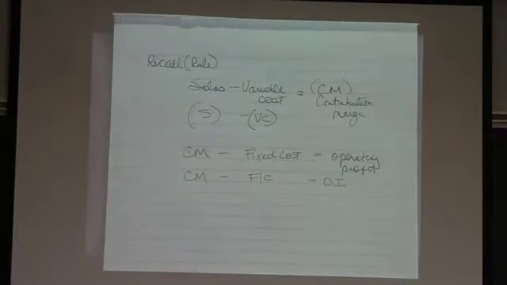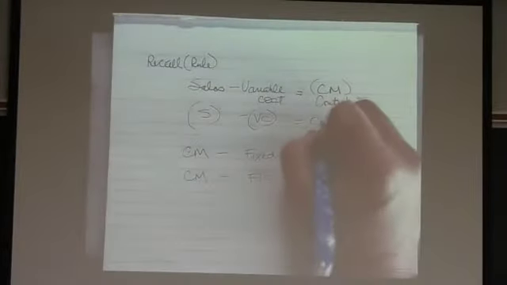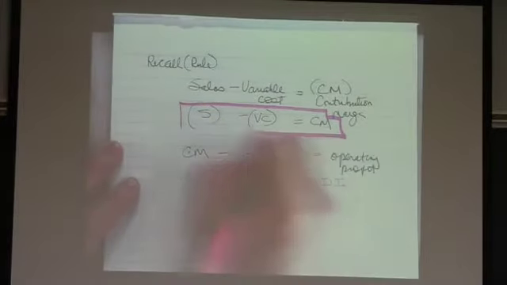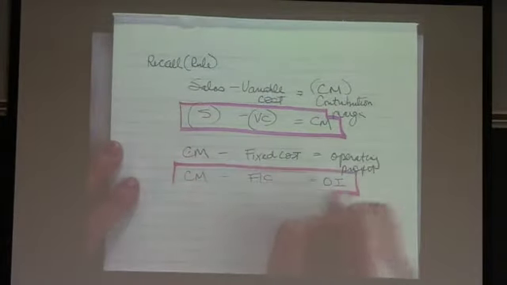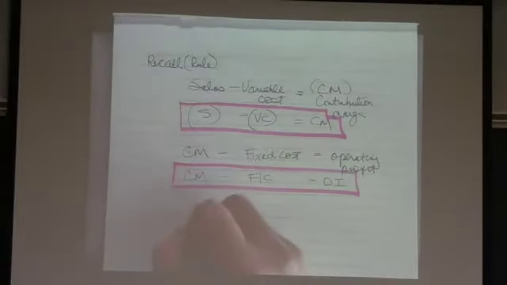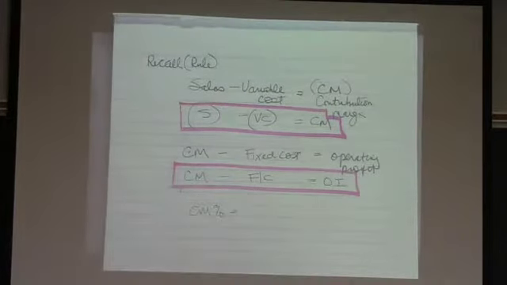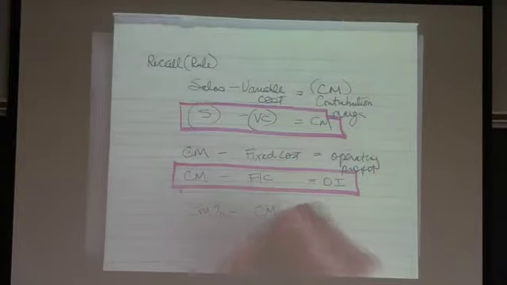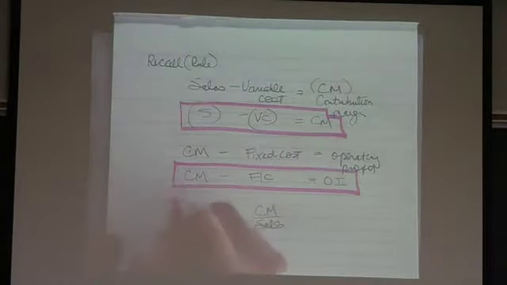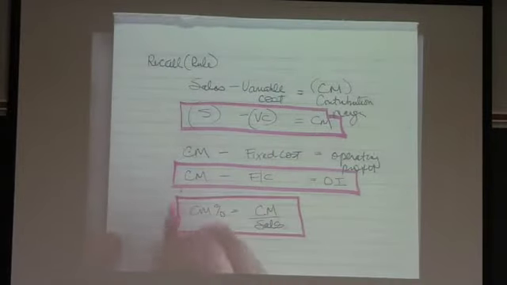That's the short form that we're going to use. So this is the formula we're going to use for this example. Now, it's important to also know that contribution margin percent is contribution margin over sales. That's also an important aspect to help us solve this problem as well.